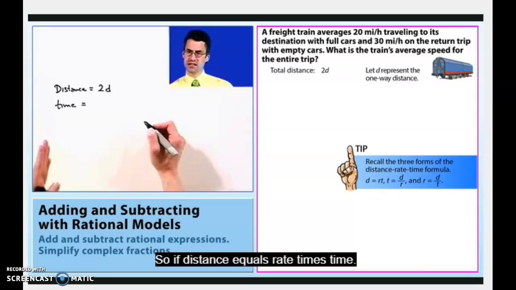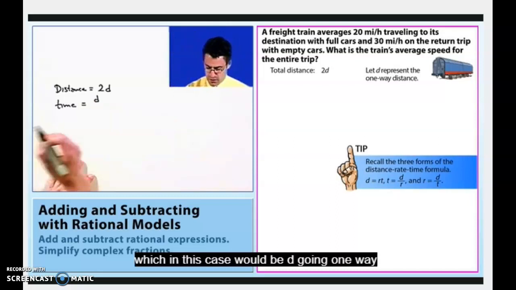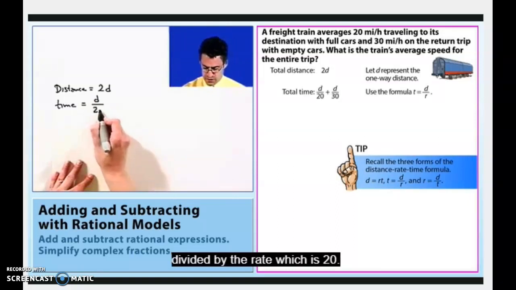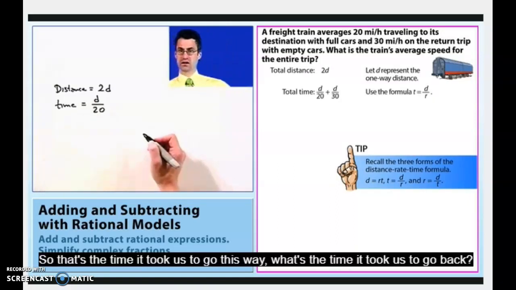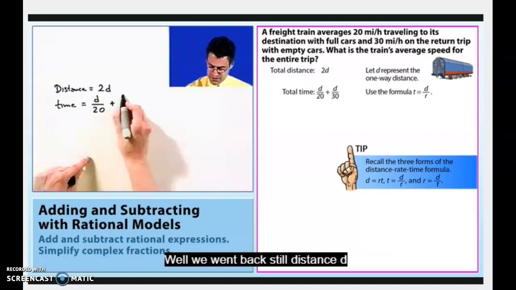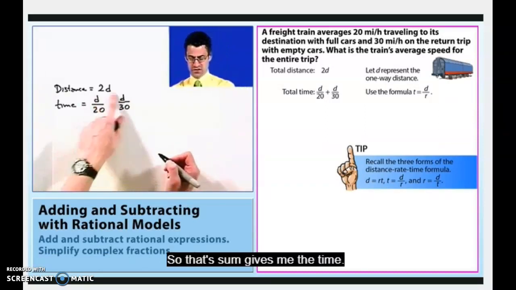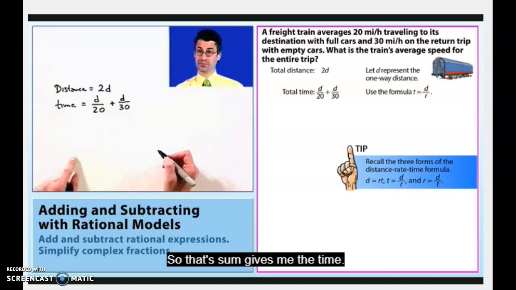So if distance equals rate times time, then time equals distance divided by rate, which in this case would be d going one way, divided by the rate, which is 20. So that's the time it took us to go this way. What's the time it took us to go back? Well, we went back, still distance d, but now at 30 miles per hour. So that sum gives me the time.